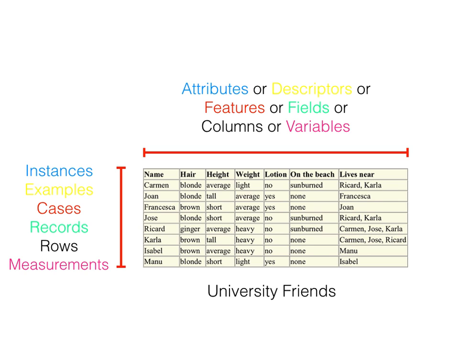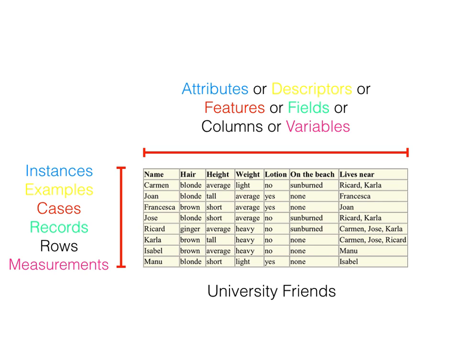Because data mining and data analytics has come from various different areas, there are often different words, synonyms, for the same thing. For example, instances can also be called examples, or cases, or records if we're thinking more from a database point of view.